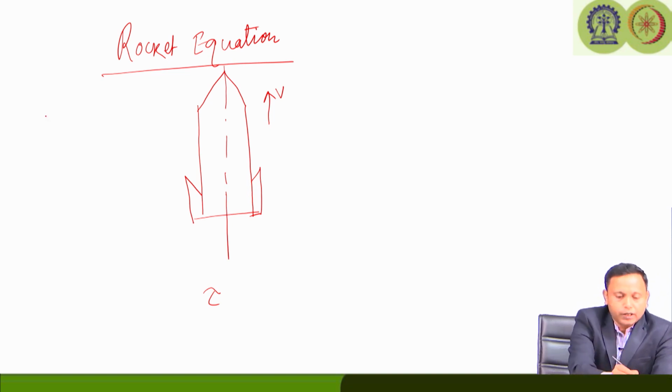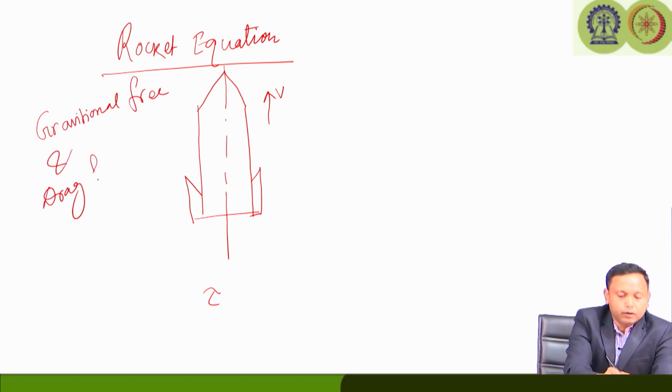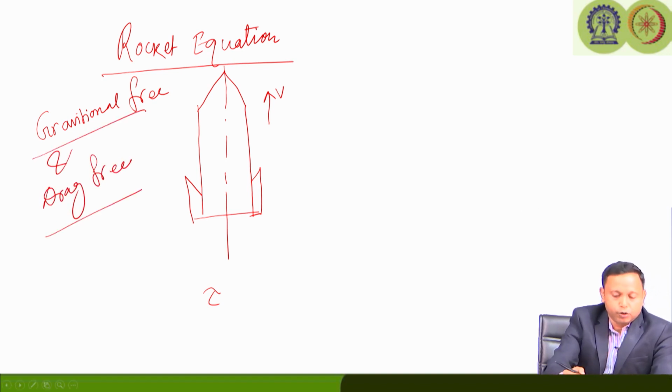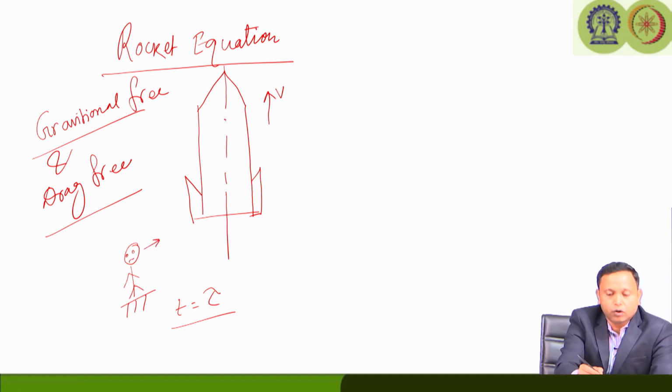Remember, we are considering a gravitational free and drag free environment to look at this rocket equation. So at a time instance tau we have the rocket moving at velocity v. These velocities are given with respect to some stationary observer on the ground, so with respect to this stationary observer, the velocity of the rocket is v.